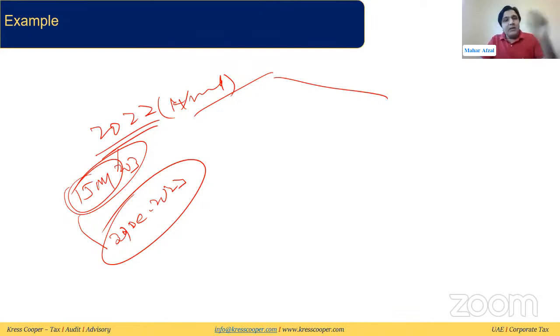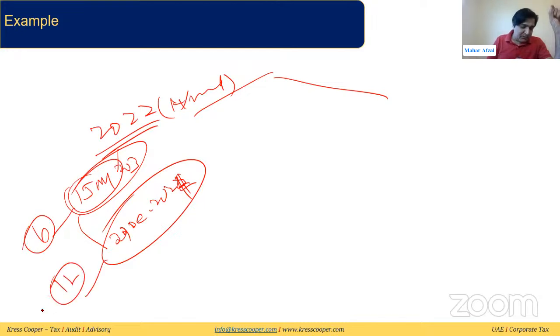So if they exceeded the threshold in 2022, they need to report it for 18 months from the tax period starting on or after 1st of July 2023, and the 18 months will end, 6 months of 2023 and 12 months of 2024. This will be reported until 31st of December 2024.